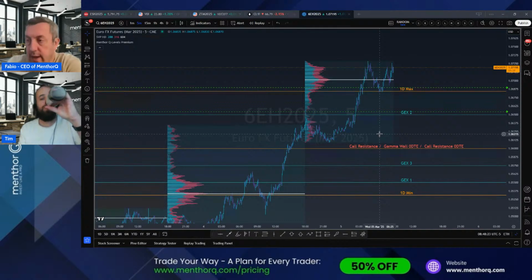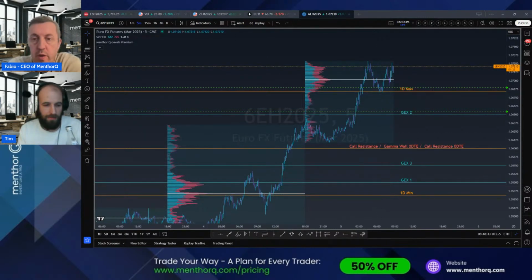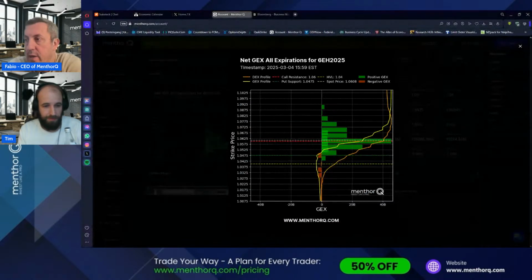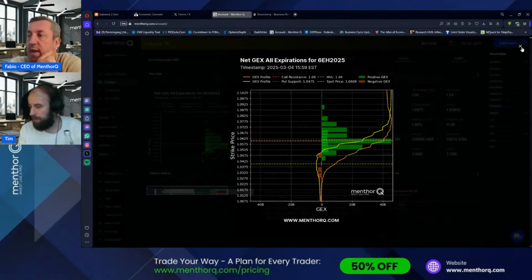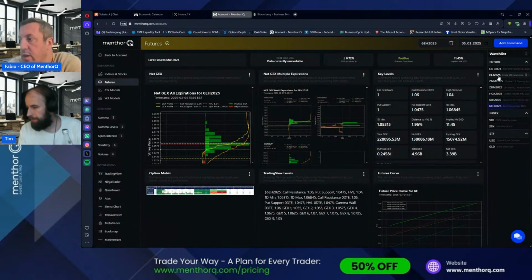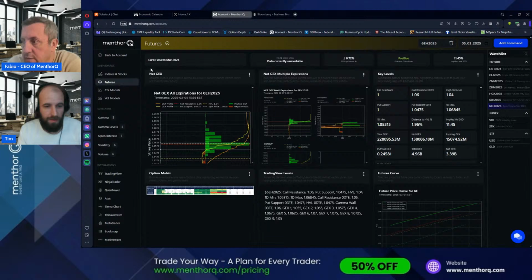And maybe Tim, what would be interesting if we go back to our dashboard? We released a new model for futures. So for those who are trading futures, we released our futures curve this week. Maybe share some insights on how you would look at it, interpret it, and use it for your trading in futures.